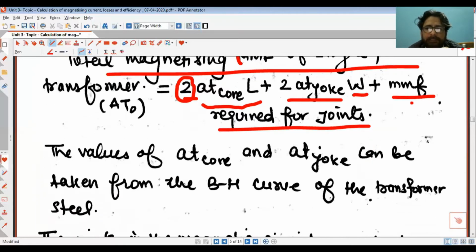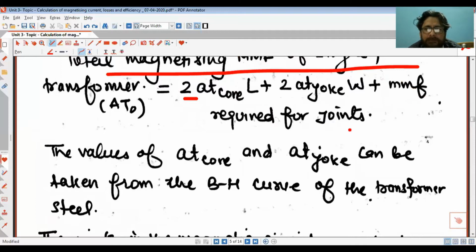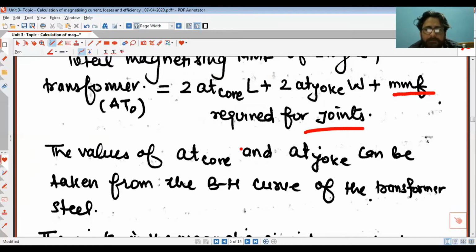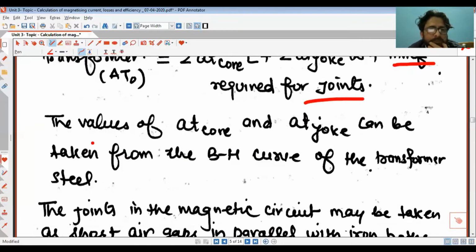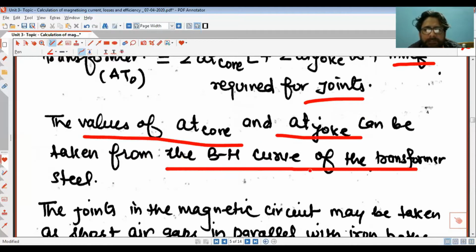So generally this MMF is only 5% of the total MMF associated with the core and yoke, right? Okay. So the values of AT core and AT yoke can be obtained from the BH curve of transformer steel.